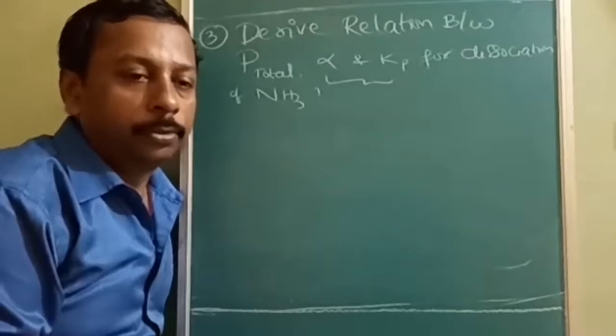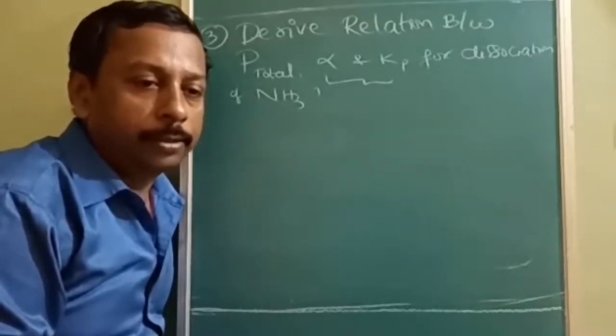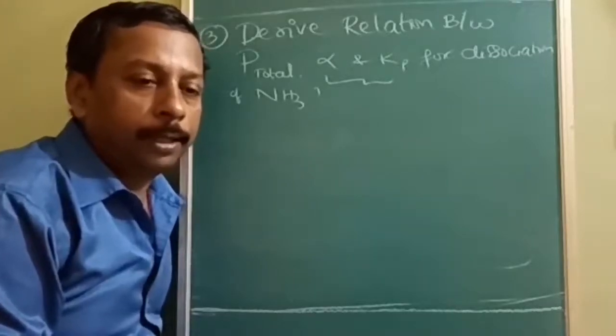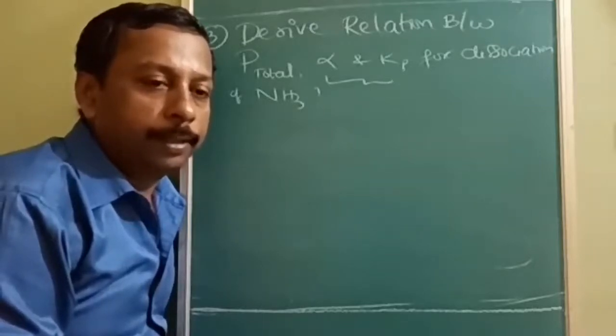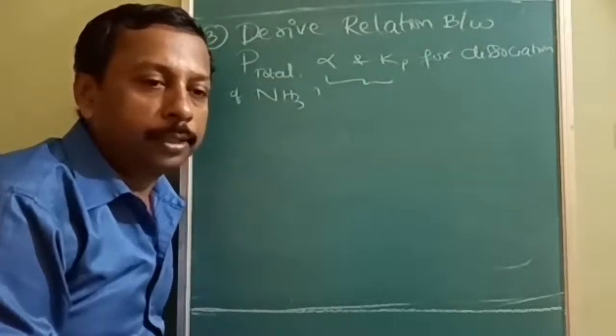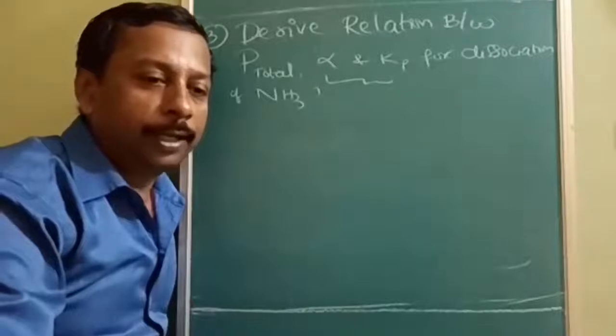We have done this already during the theory session. In the video lecture, we did the relation between alpha, Kp and P total for AB giving A plus B and A2 giving 2A. Now we are going to derive it; a similar procedure is to be followed, but the number of moles is different here. You can try. If not, then I will explain. If you have done it also, you can cross check.